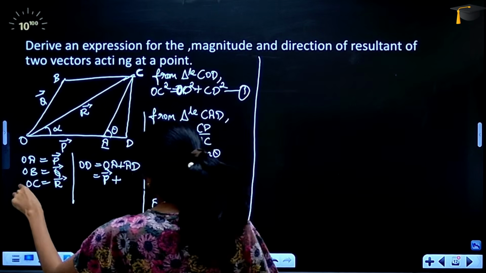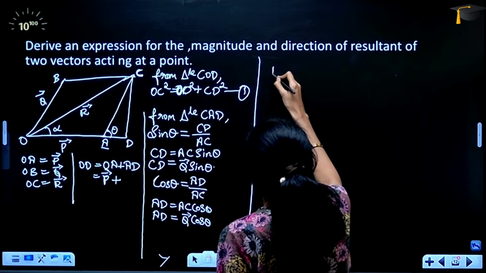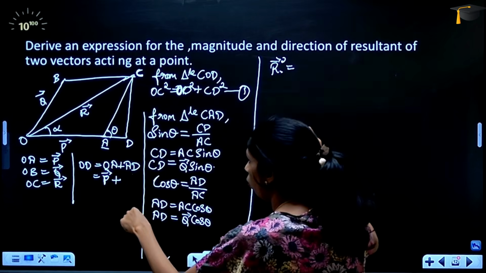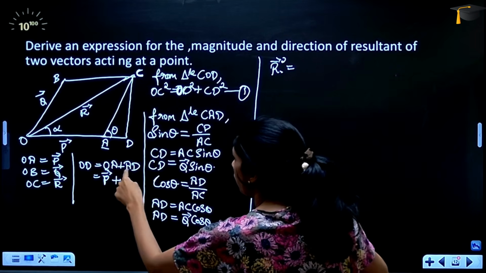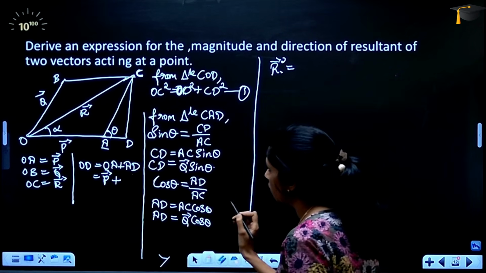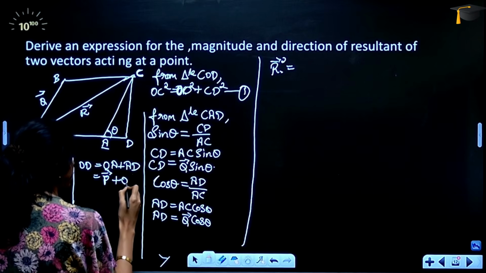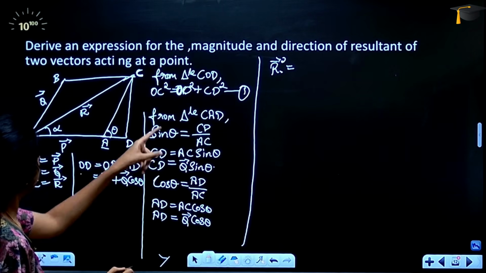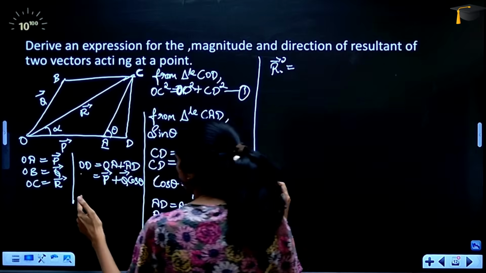So now what is OC? OC square is vector R square. OD is what over here? OD is OA plus AD, right? I got AD as Q cos theta. You can just substitute this here. Now, I need OD square, so let me take a square of this.